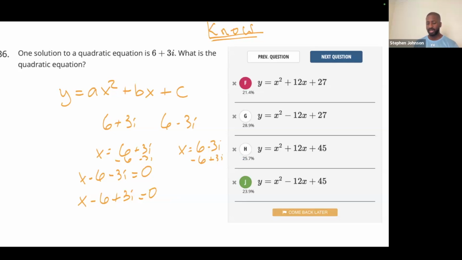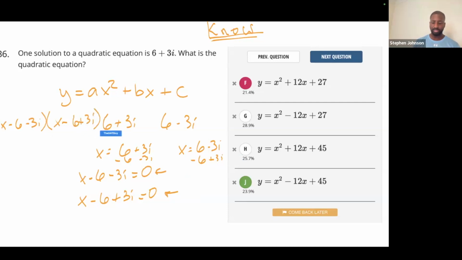So then if these are my solutions, that's how I find my solutions. Then I can utilize that to backtrack into the equation itself. So my equation, I should be able to find by multiplying x minus 6 minus 3i times x minus 6 plus 3i.